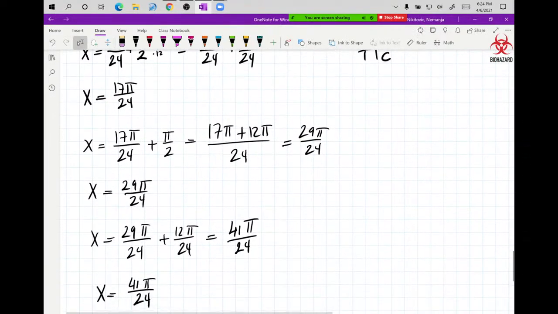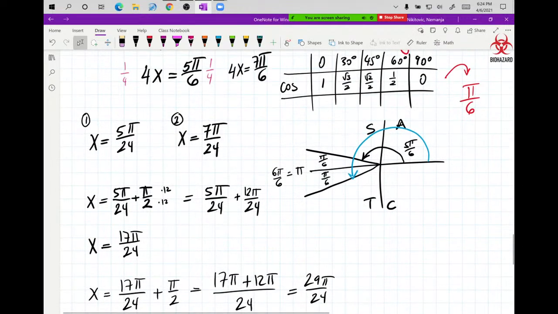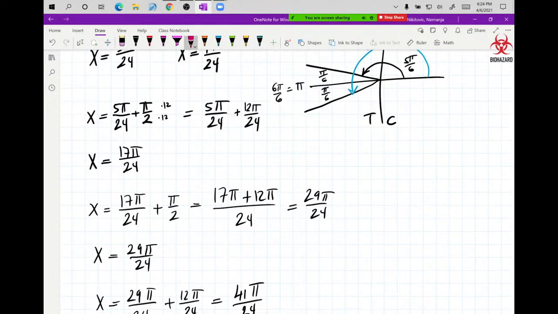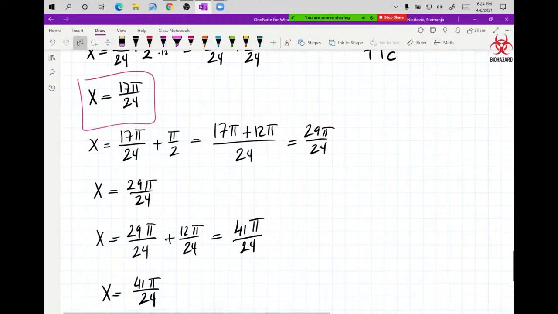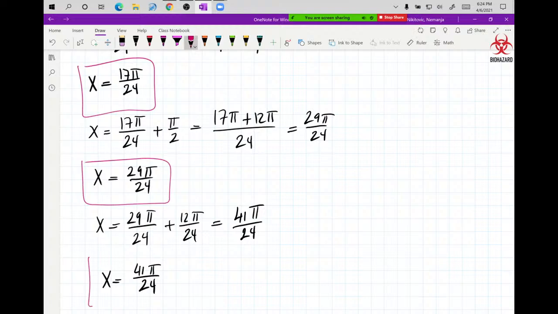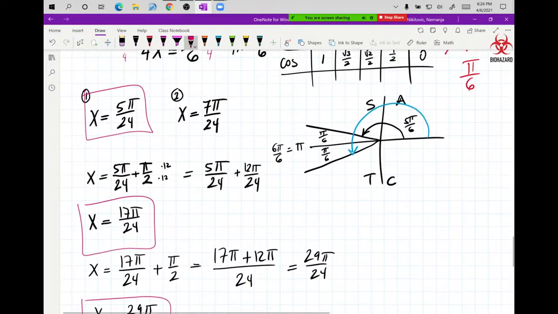All right, so that was the first set. So let's get them all. We have the first solution, the second solution, the third solution, and the fourth solution. And even if you tried another one, you got that 53 bigger than 48. So we are done with this side.